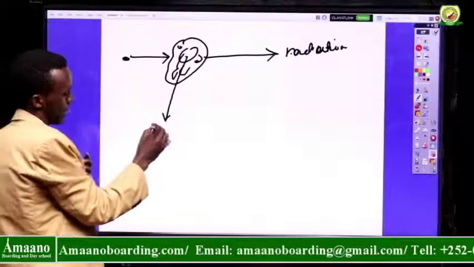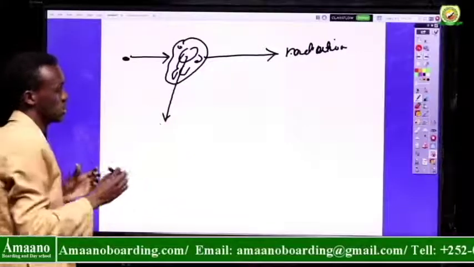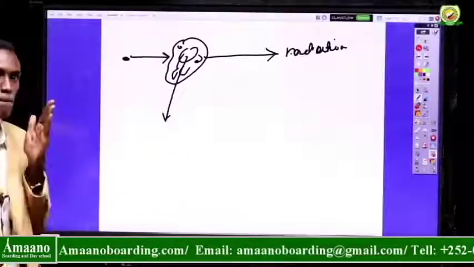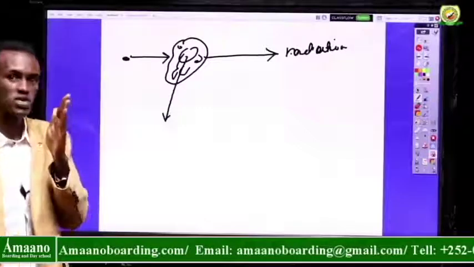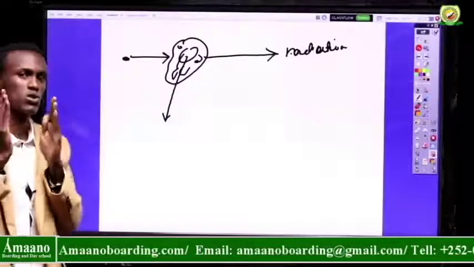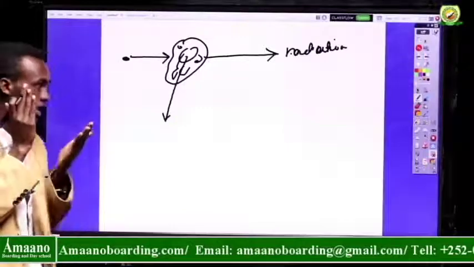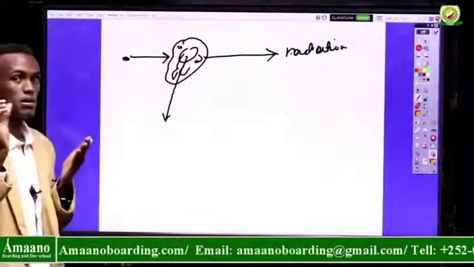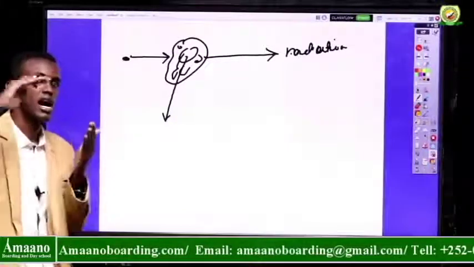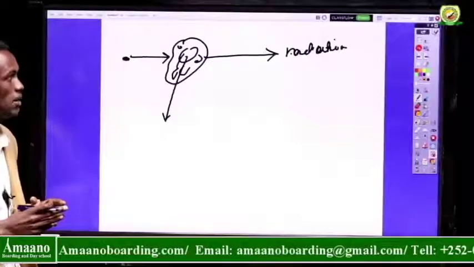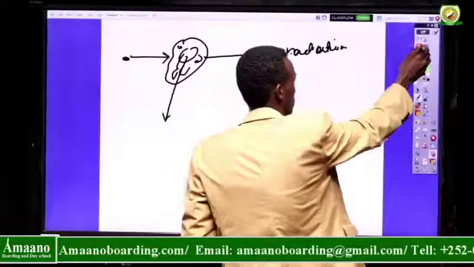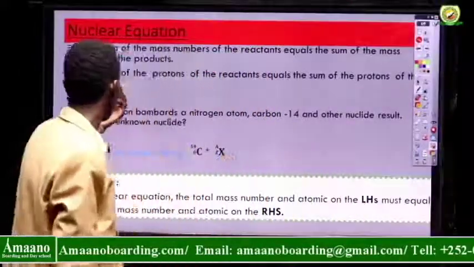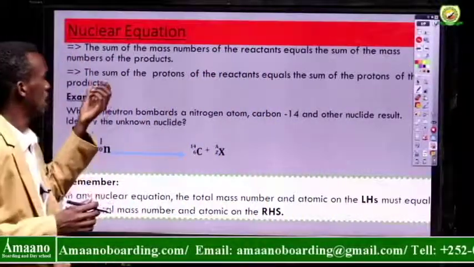A nuclear equation connects the mass numbers and the atomic numbers of the reactants and the products.